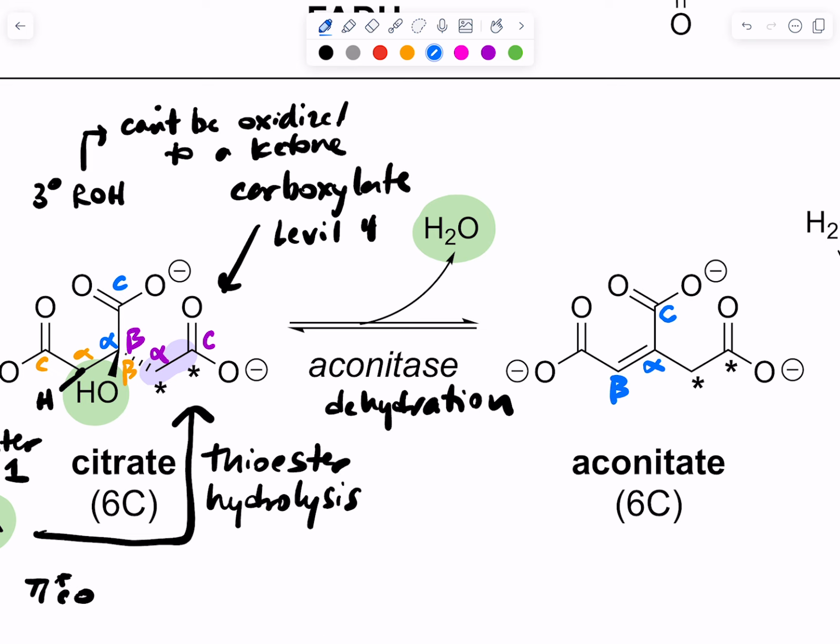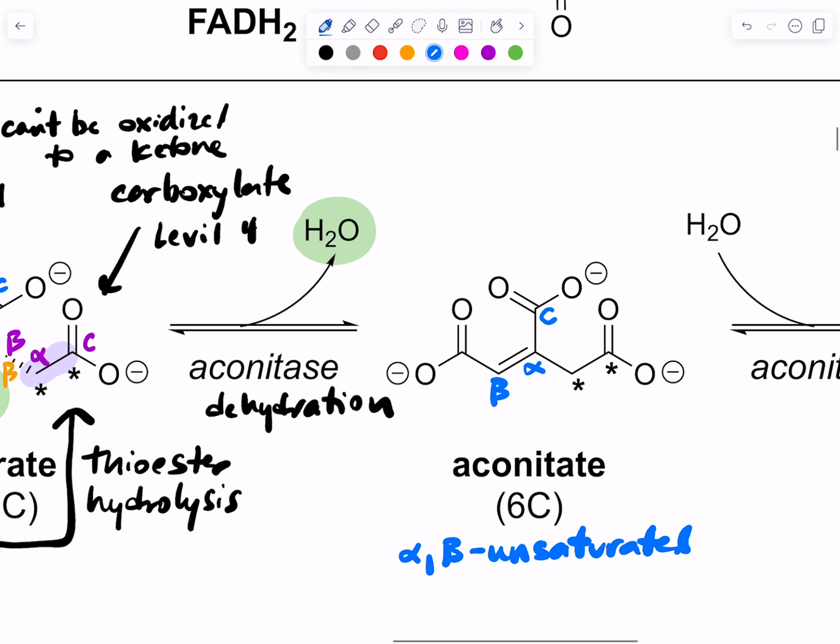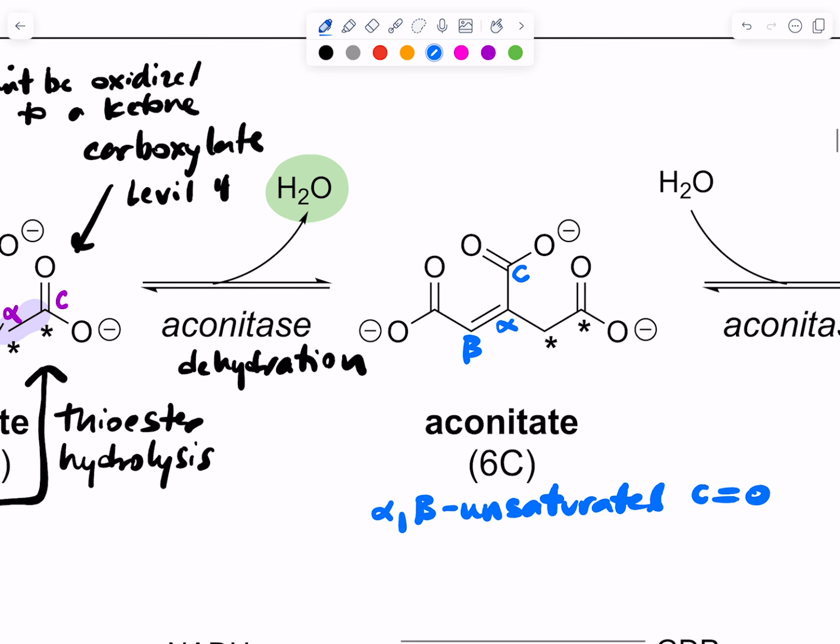The blue carboxylate is what we would call an alpha beta unsaturated carbonyl compound. And it's been a while, by which I mean probably 8 days or 9 days. I told you that alpha beta unsaturated carbonyl compounds are characteristically electrophilic at the beta carbon.